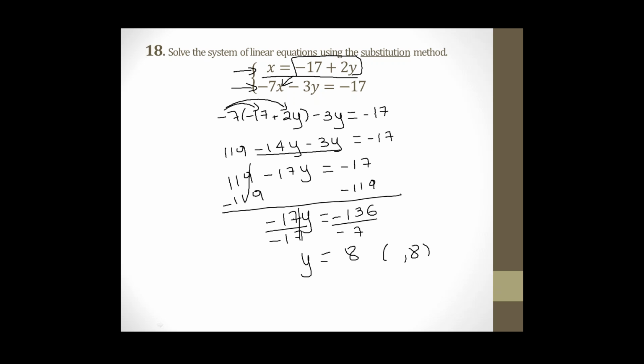In the meantime, I'm just going to go with my gut and plug it in on the top. Oh, there we have it. -17 plus 2 times my y, that is 8. So now I have x equals -17 plus 16, 8 times 2. So x is equal to -1.